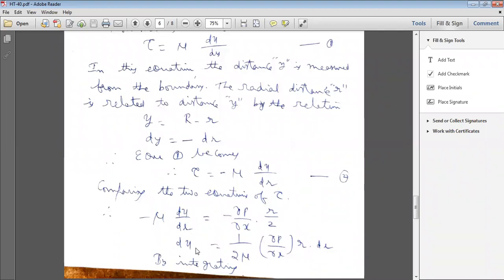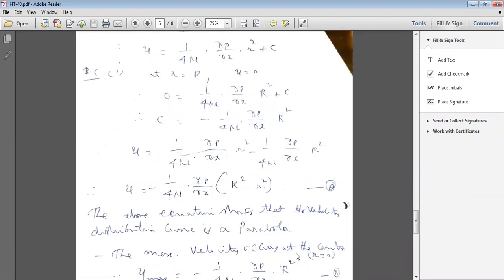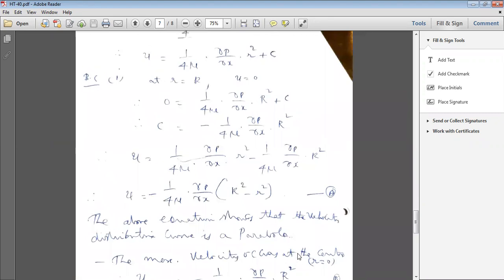So integral of du is equal to 1 by 2 mu into dou p by dou x integral r dr. Here the variation of velocity is from u equal to u0 to u equal to u free stream. At y equal to 0, velocity is 0. At the center, u free stream. Similarly radius r is equal to 0 to r is equal to capital R. So by integrating, what is the integral?